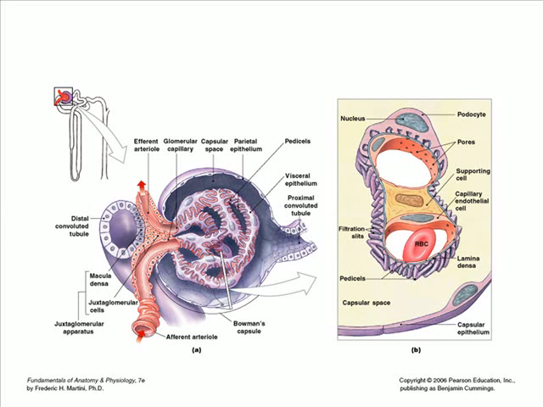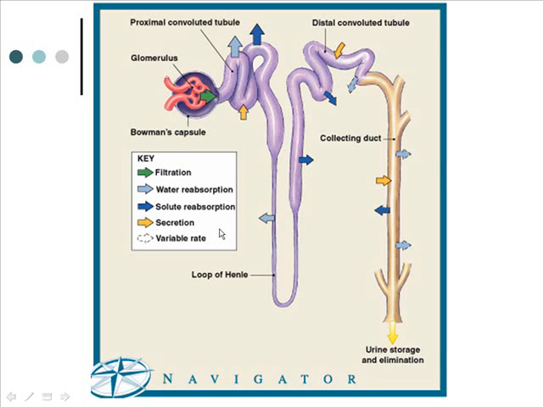You should know where the distal convoluted tubule is in relationship to these cells. You should know where the proximal convoluted tubule is located in relationship to the cells. And you should recognize this as being Bowman's capsule. There's a lot of questions off this. You should know where the glomerulus is located.